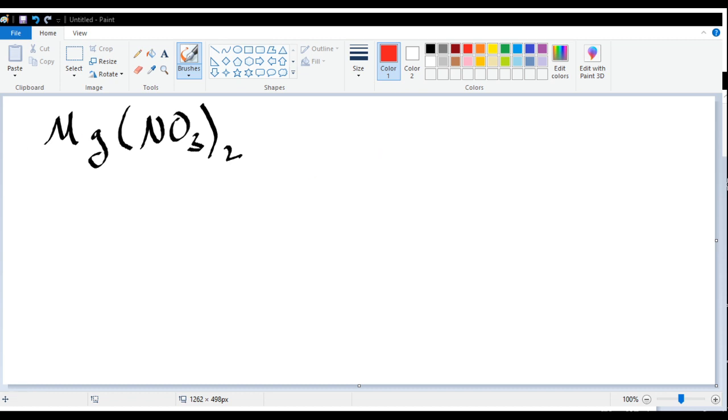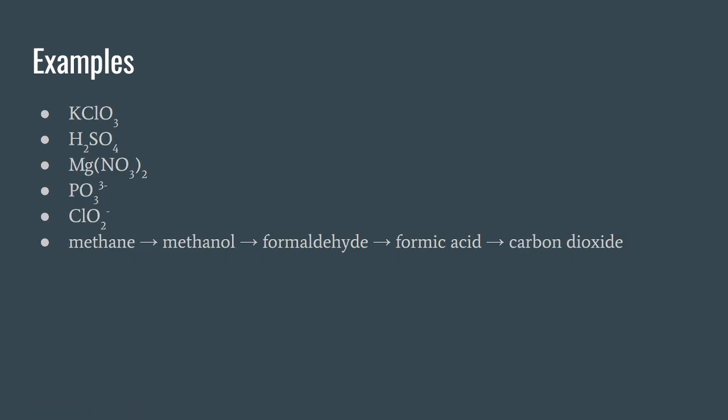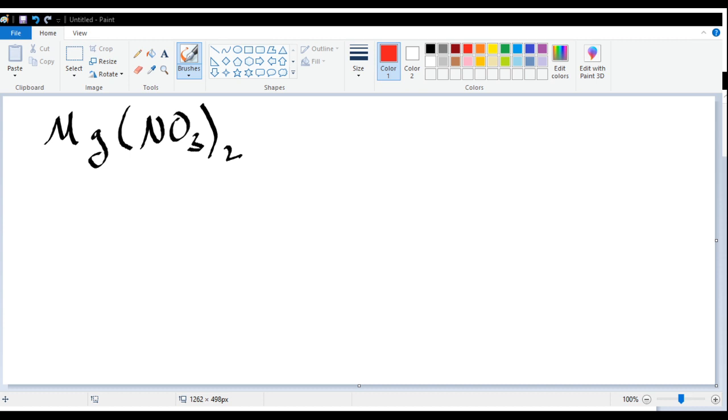Going back to our good old-fashioned periodic table, here's magnesium, second column from the left, alkaline earth metal, positive 2 charge. So magnesium, positive 2. Which means that nitrate as a whole is going to have to be negative 1.